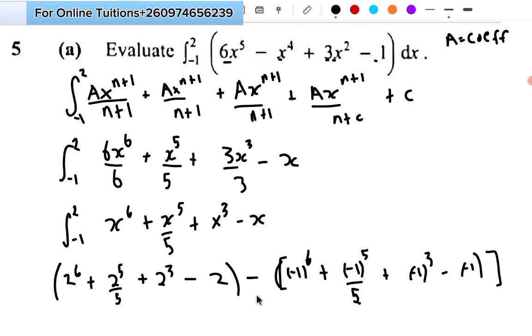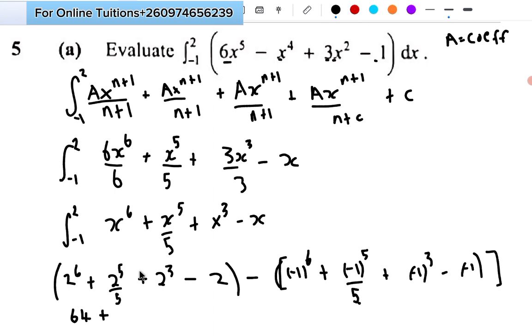So I'll start with the first one, 2 to the power 6. What does that give you? 64. Then plus 2 to the power 5, that is 32, divided by 5.